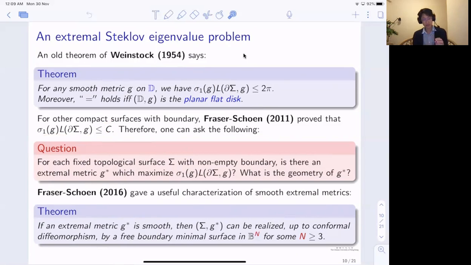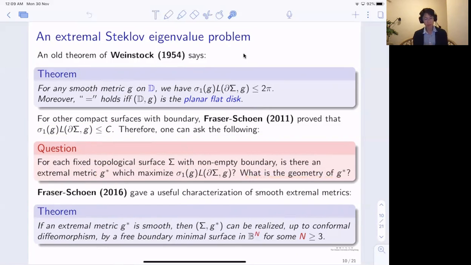This coarse upper bound allows us to set up an extremal eigenvalue problem by trying to maximize this quantity among all smooth metrics. If it exists, it will be called an extremal metric g star. Whether we can understand the geometry of this extremal metric is an important question.